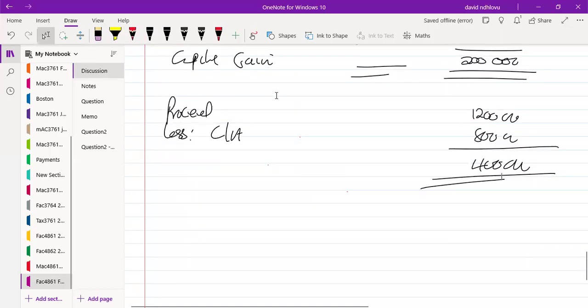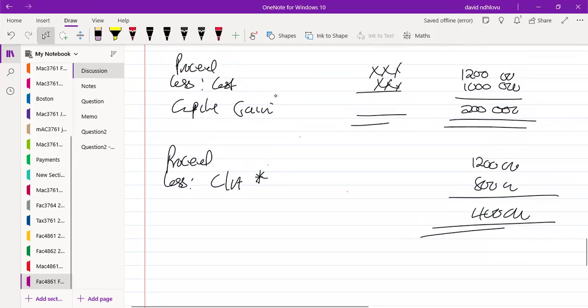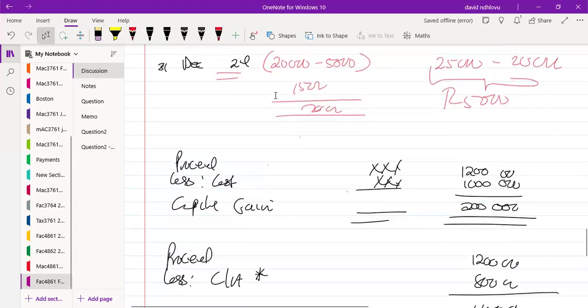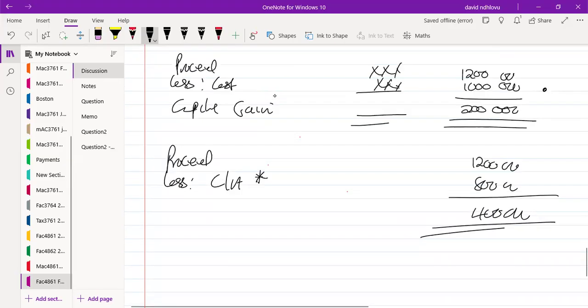However, we should note that the carrying amount is different from cost. So if the asset was bought for 1 million, for the purpose of determining capital gain, limit your deduction to the cost of the asset. For the purpose of calculating profit, limit your deduction up to the carrying amount.